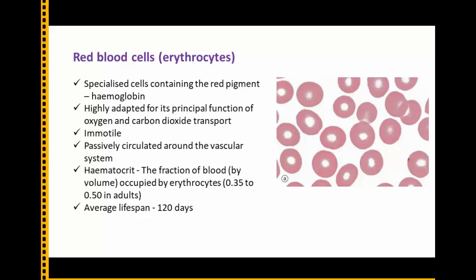And it contains the pigment hemoglobin. Hemoglobin is for the transport of gas, oxygen. So this is highly adapted for its principal function of oxygen and carbon dioxide transport.